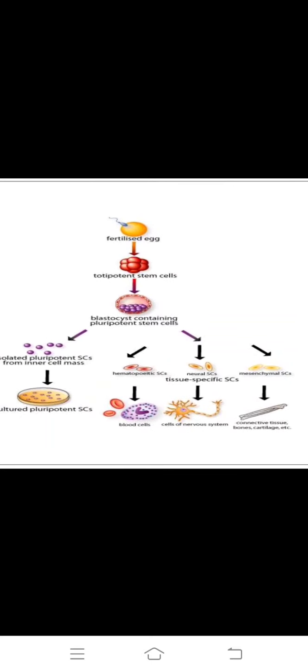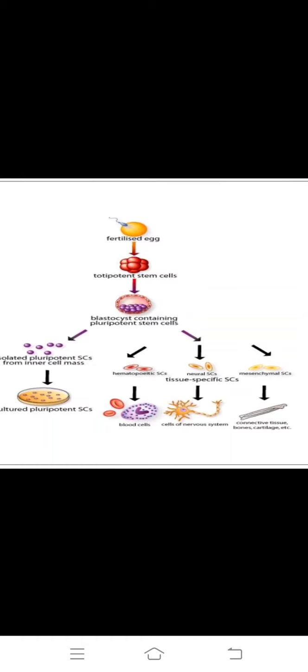Okay, this was stem cells. First one, fertilized egg. Fertilized means ovum and sperm fertilize to form the zygote. After this undergoes some division and forms the blastocyst.